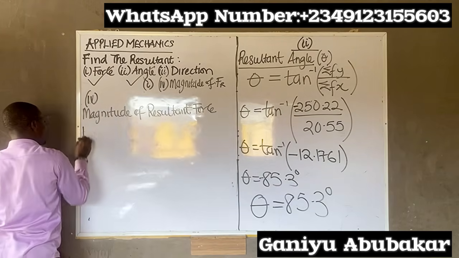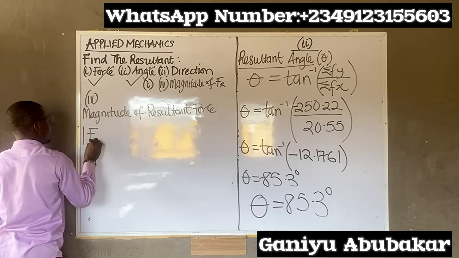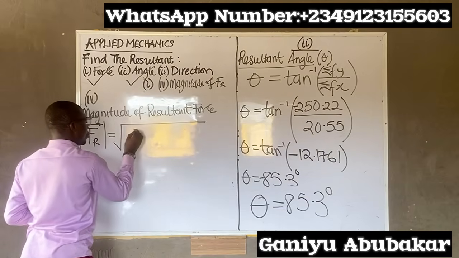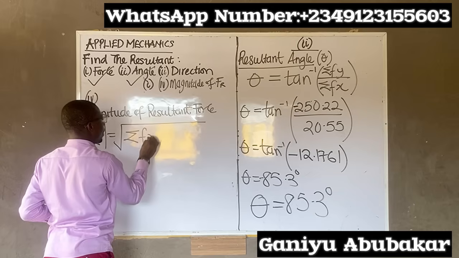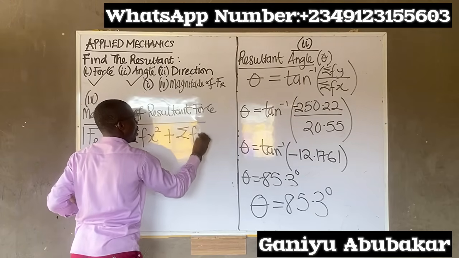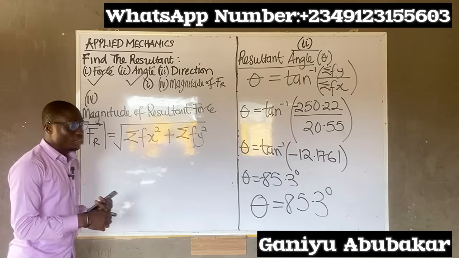So the magnitude of resultant force is given as this: square root of summation of f of x square plus summation of f of y square. Let's get this value, please.